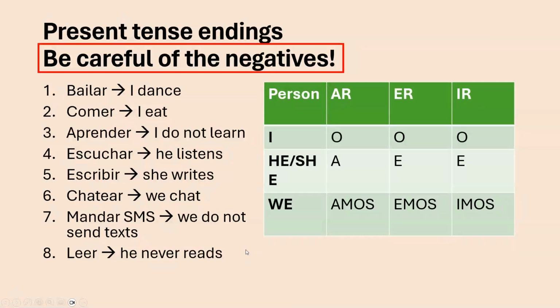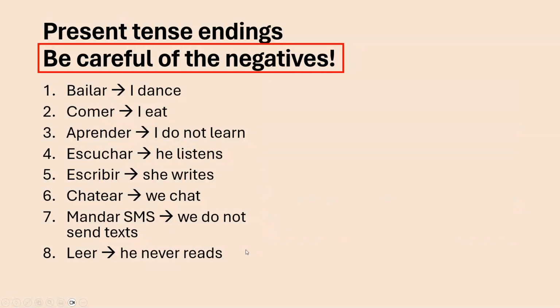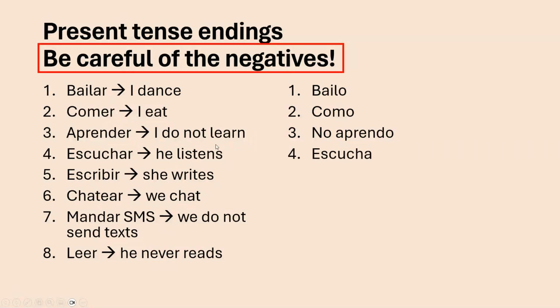Okay, so here we are for your answers. So number 1 should be bailo, then it is como. No aprendo, because it's the negative. I do not learn. Number 4 is escucha, because it's he. Then it's escribe. IR changes to E, not I. That's a trap.